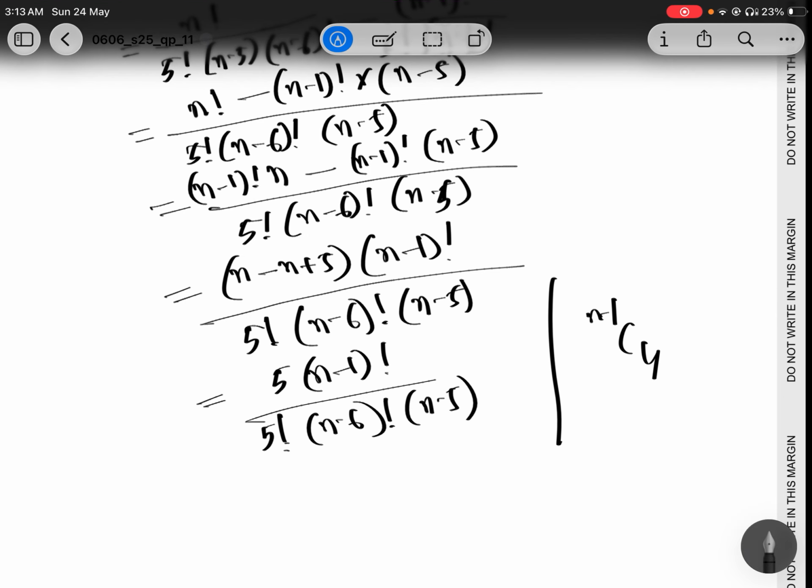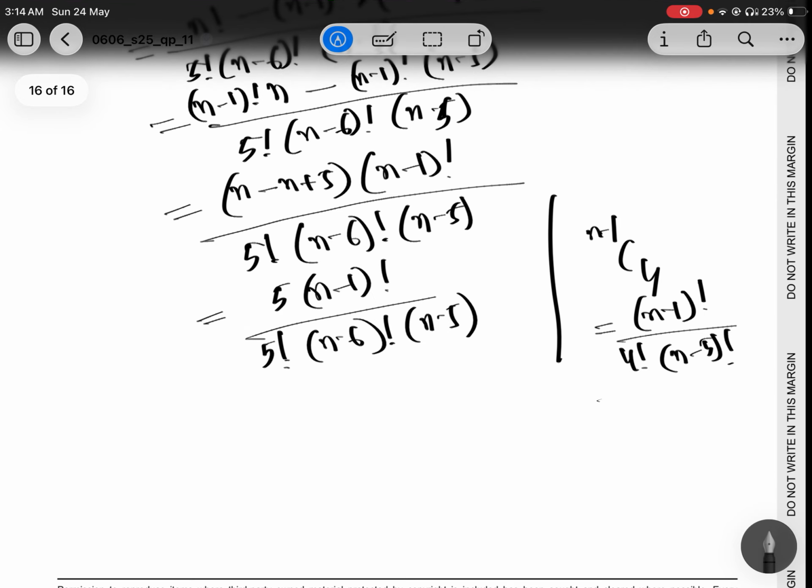Okay, so it can be written like that: n minus 1 factorial over 4 factorial, n minus 5 factorial, right? Are these the same thing?